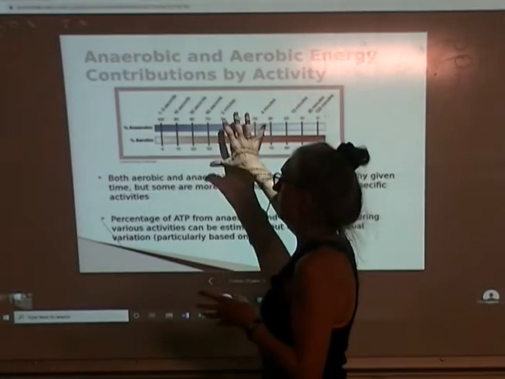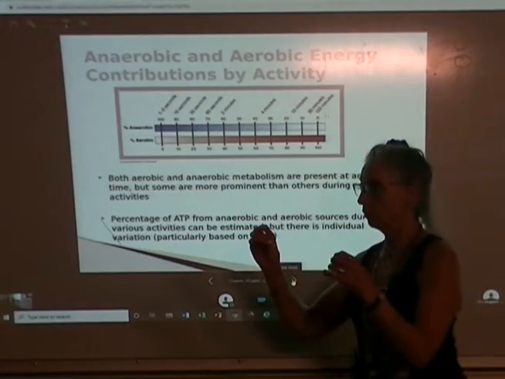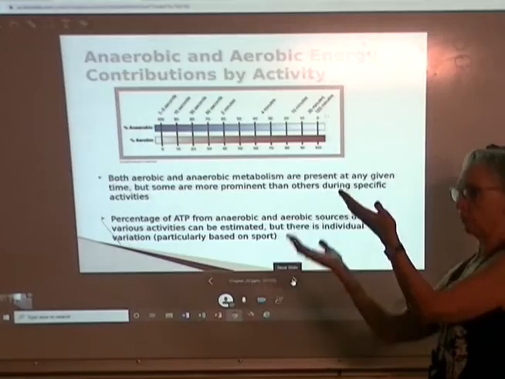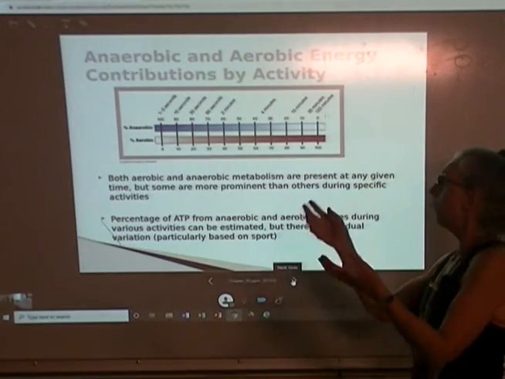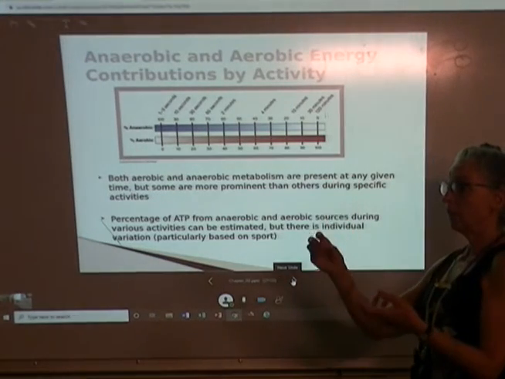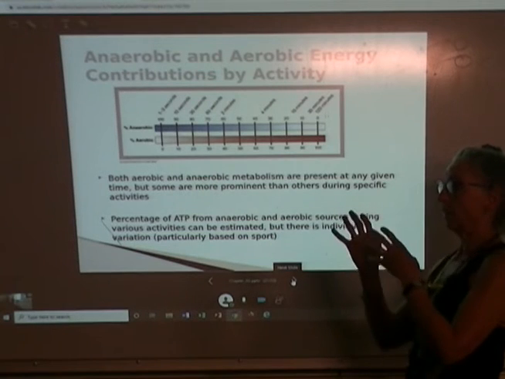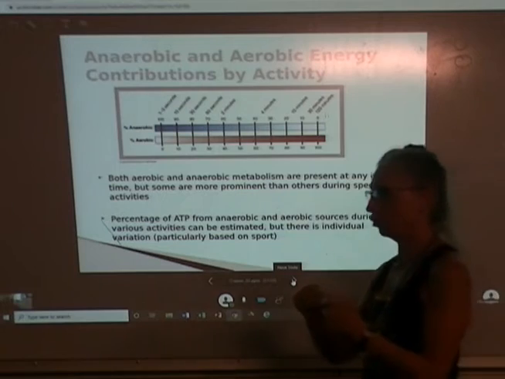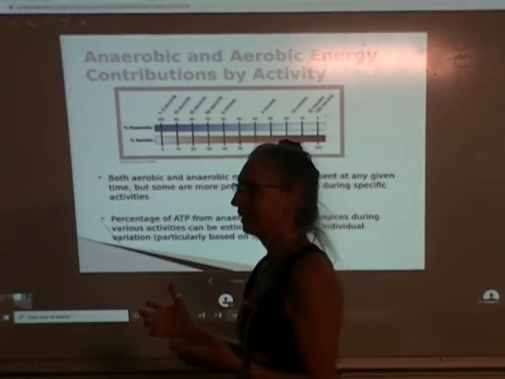So, as I said, this chart is a guideline, right? It estimates this balance between the two types of ATP production, but you have to remember that one of the frustrating, although challenging and fun things about exercise physiology is every single one of us is different, right?